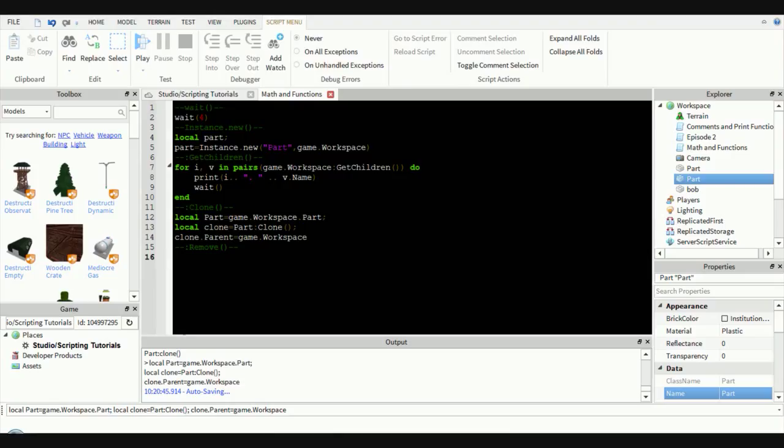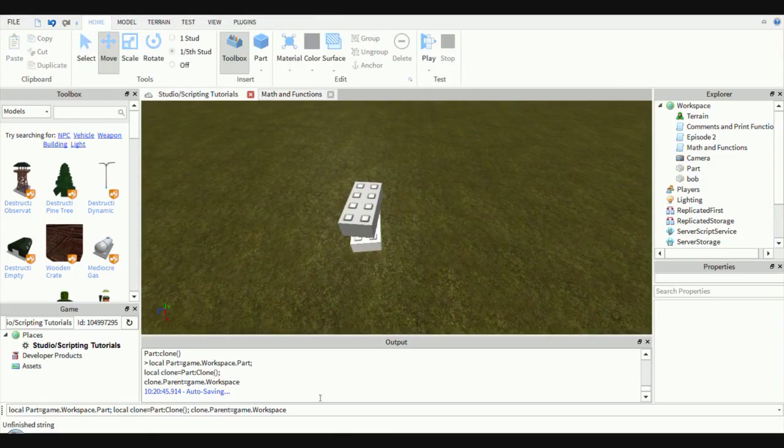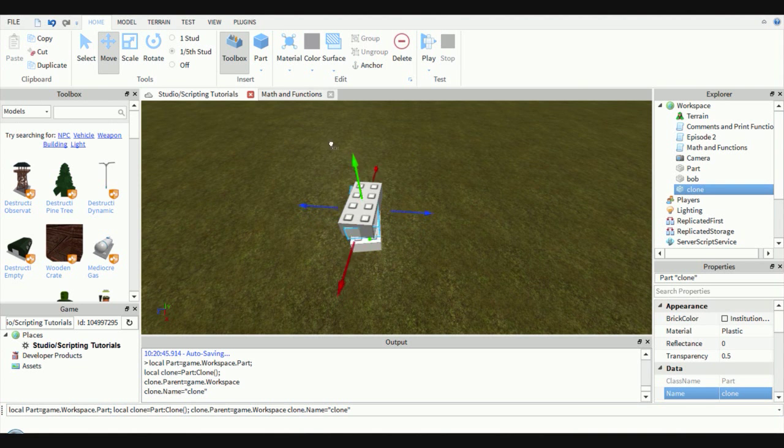So let's go delete that part first, and let's name it clone.Name equals Bob. Let's do that again so we can define the name of it. So right there's clone.